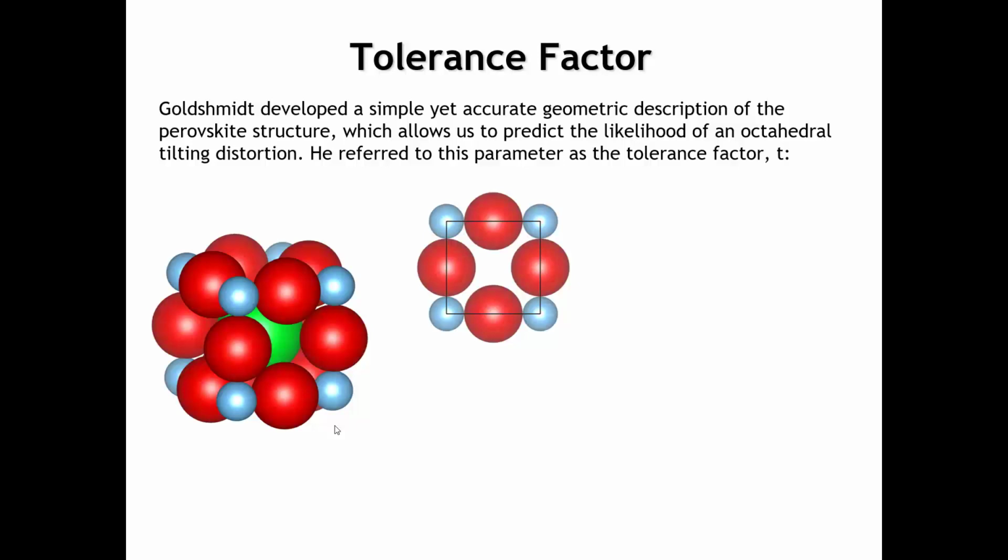Now, how do we define the edge length, the size of the unit cell? Well, if we were to take a cut from the top of the unit cell here and look at it, you can see that the titanium and oxygen touch along the cell edge. Okay?